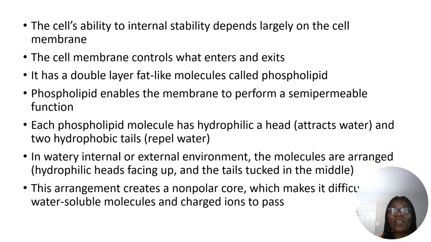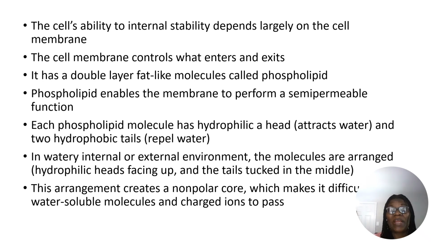The cell will also be able to maintain the stability of the internal environment. For the cell to maintain the internal environment, the cell membrane, that is the membrane surrounding the cell outside and separating the cell from the outside environment, is important.